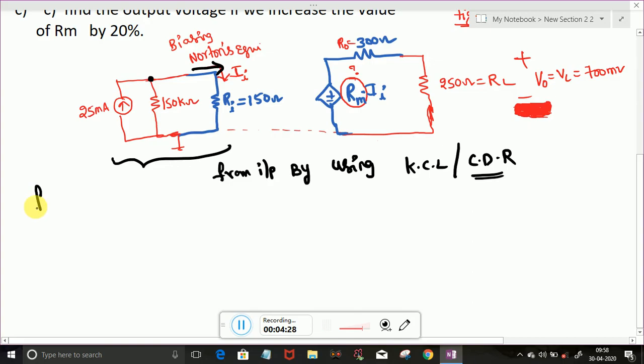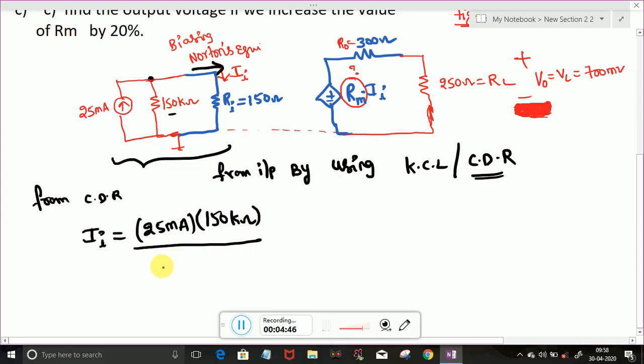From the current division rule, CDR, you can write Ii equal to 25 milliamps into the other parallel resistance, that is 150 kilo ohm, by the total resistance, that is 150K plus 150 ohm.